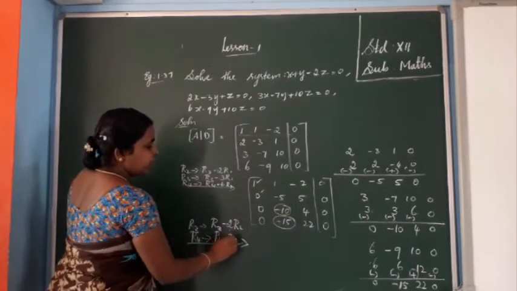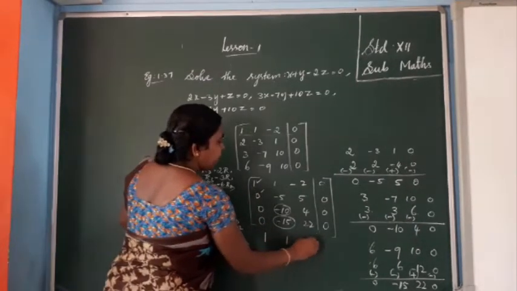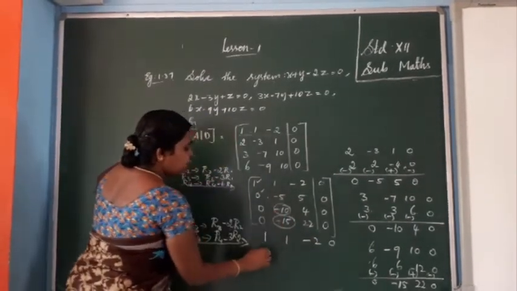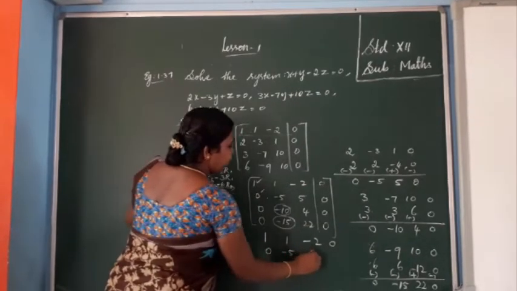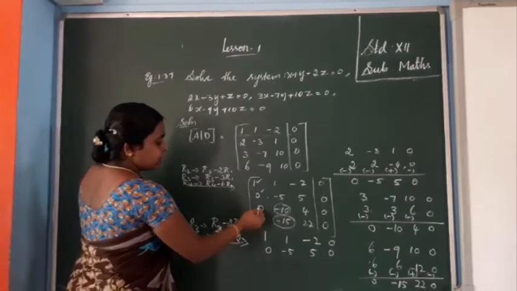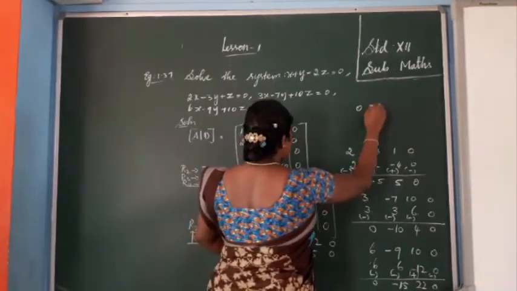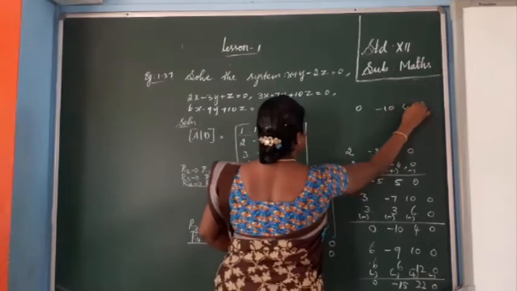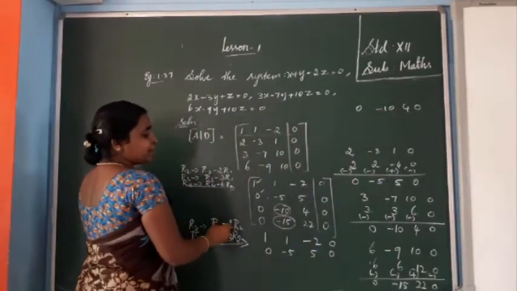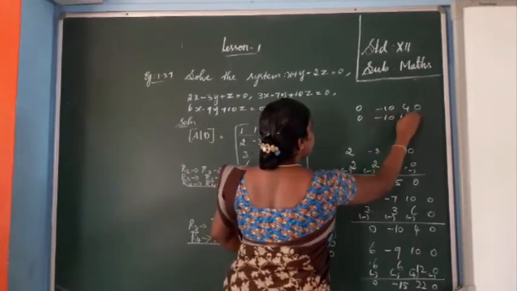So now you write R1: 1, 1, minus 2, 0. The second row has no change: 0, minus 5, 5, 0. Then the third row, R3, is 0, minus 10, 4, 0. Then R2 multiplied by 2 gives 0, minus 10, 10, 0.